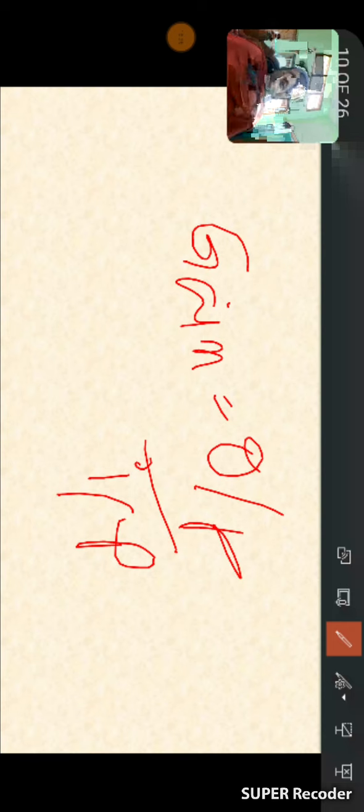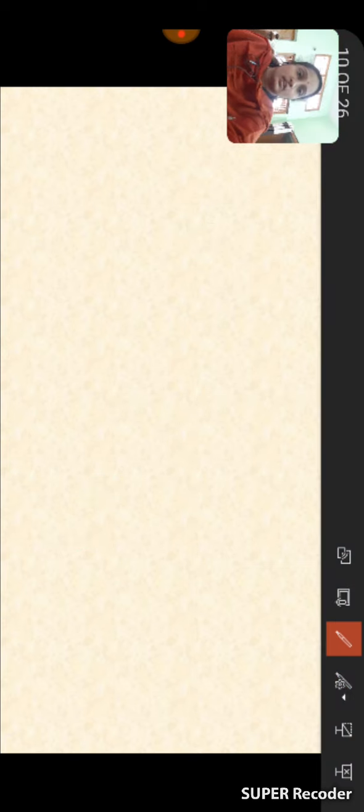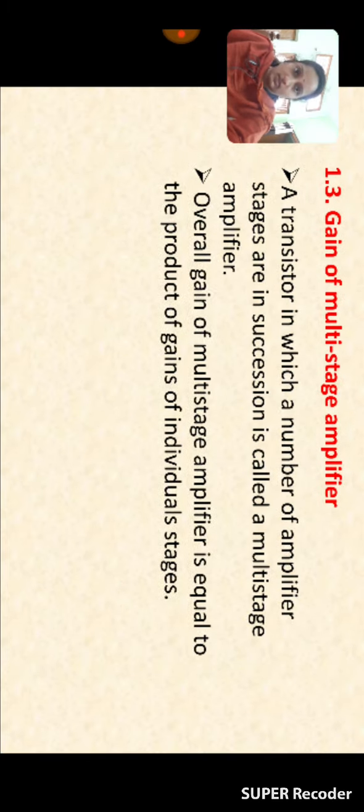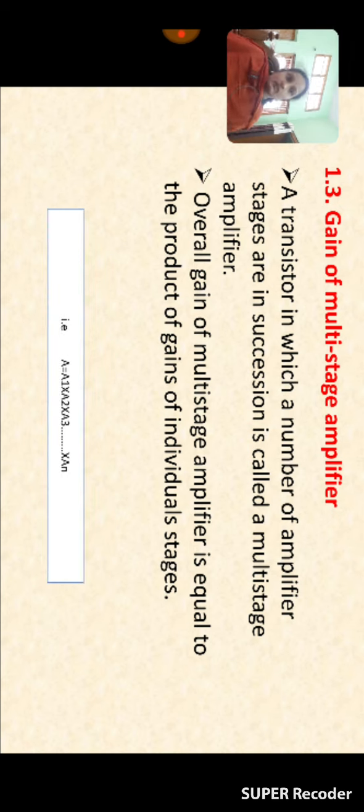So here the gain is defined as the ratio of output to the input for any general circuit. Here also the gain is defined as the ratio of output voltage to the input voltage, or output current to the input current. That is called what? Gain. And the gain of a multi-stage amplifier is defined as follows: in any transistor circuit, if a number of amplifiers are connected in multi-stage amplifiers, the overall gain is equal to the product of the gains of the individual stages.